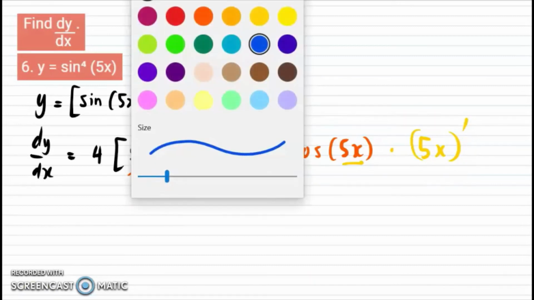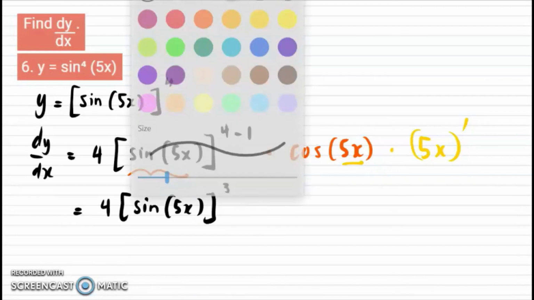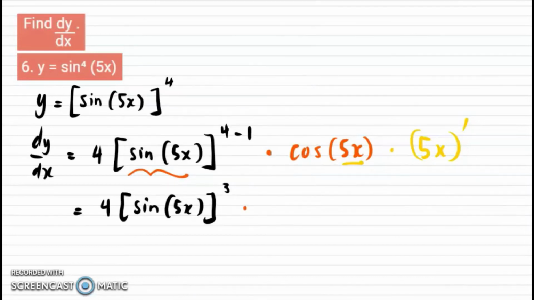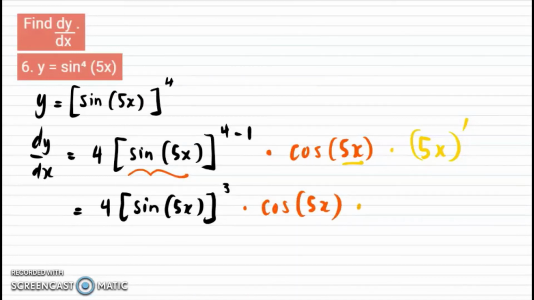Okay, let's simplify this. We have 4 sine 5x raised to 3 multiplied by cosine 5x, then multiply by the derivative of 5x, which is just a 5.